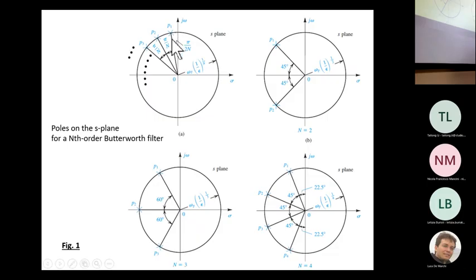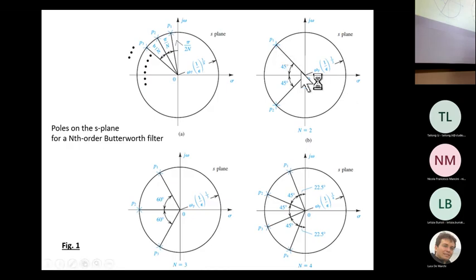The first pole is at an angle of pi divided by 2n from the vertical axis, and then the separation for all the remaining poles is pi divided by n. For example, suppose that the order n is equal to 2.